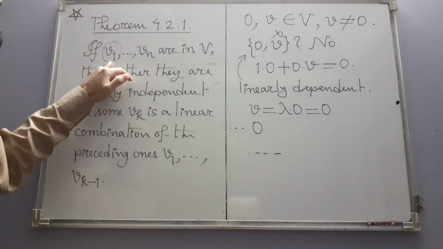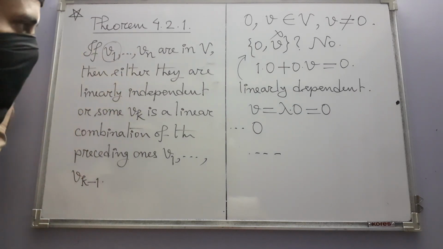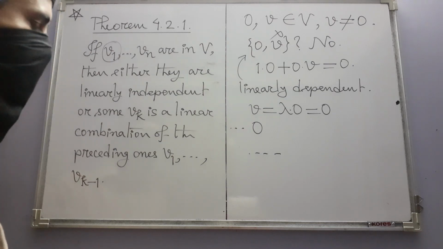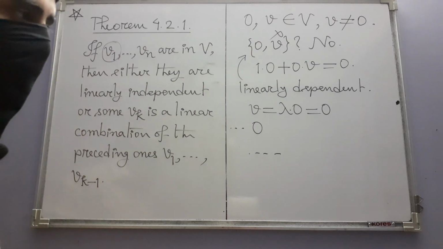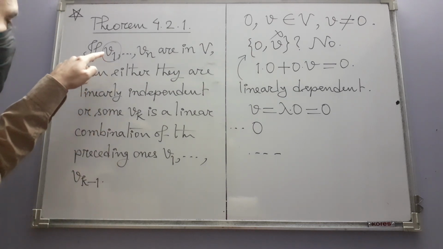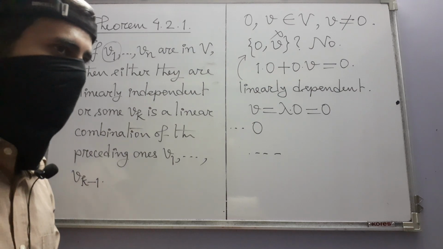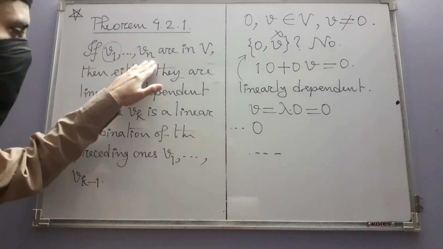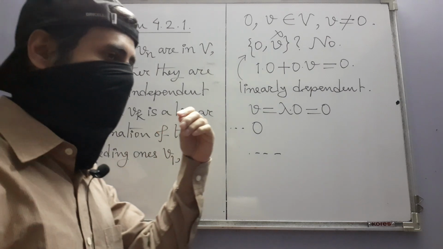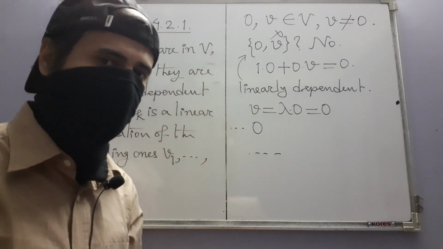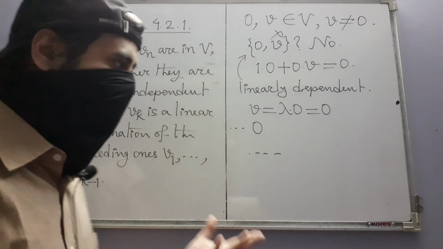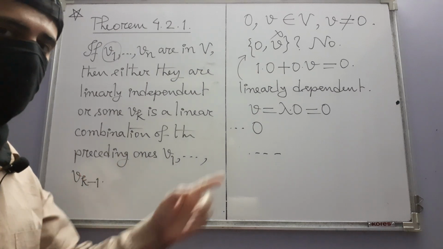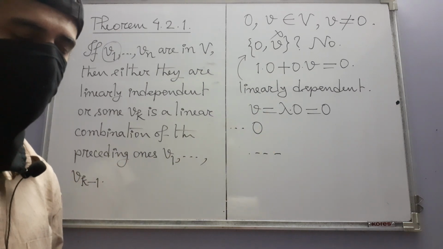V1 is always a linear combination of the preceding ones because there are no vectors before V1. And you can say that this statement is vacuously true regardless of whether this list of vectors forms a dependent set or an independent set. Do you see how stupid it looks if we allow that interpretation?